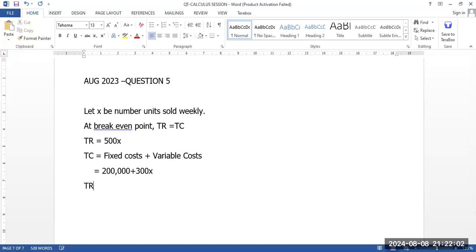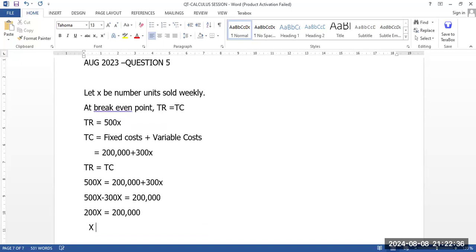And we are saying total revenue is equal to total cost, implying that we are going to get 500X, we equate it to this. And what do you get? You get 500X minus 300X, which will be equal to 200,000. This is 200X is equal to 200,000.